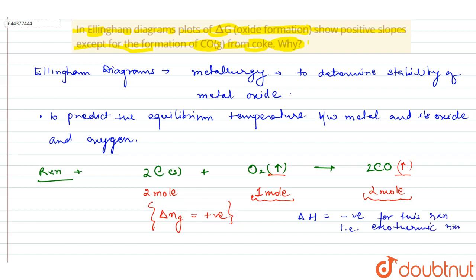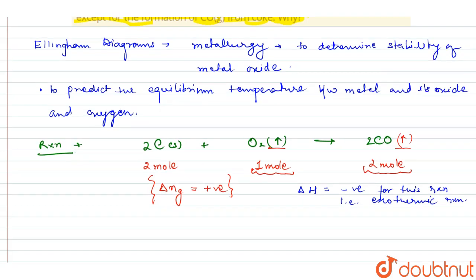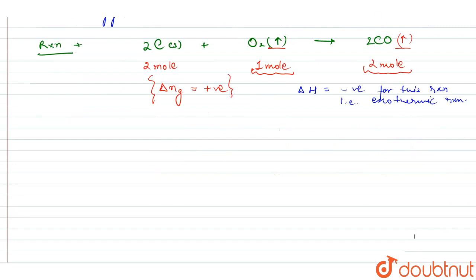The other parameter we can clearly see is that here we were having 1 mole of gaseous substance and in the product we have 2 mole of gaseous substance. So the entropy change is positive here, because the moles of gaseous species are increasing.